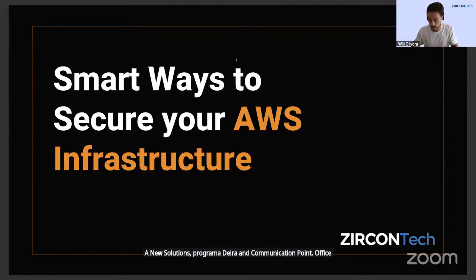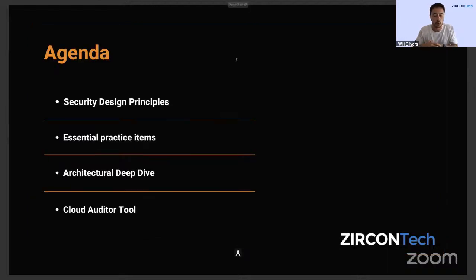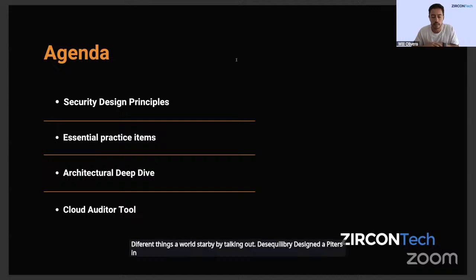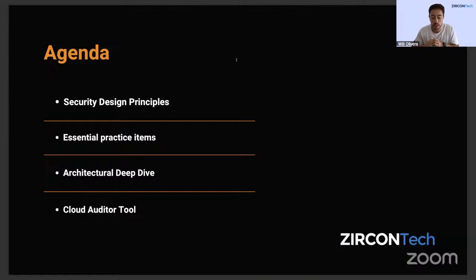So our agenda today will cover a few different things. We'll start by talking about the security design pillars in AWS that are driven by the well-architected framework. Then we will move into some essential good practices, looking at some standard services that can be used to protect our setup.